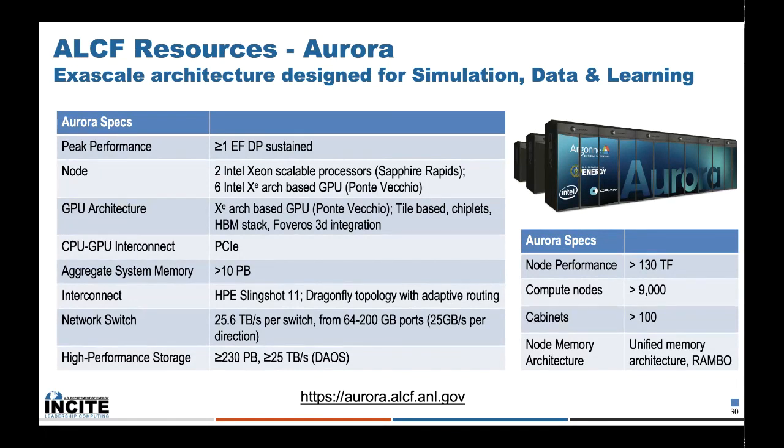DAOS will be a key component on Aurora, delivering performance I/O for data-intensive workloads. If your application or your code has important I/O demands, I encourage you to start looking at DAOS. We have some presentations that we can point you to, or just feel free to contact us. In any case, Aurora will have more than 9,000 compute nodes with a node performance of 130 teraflops. Next, please.